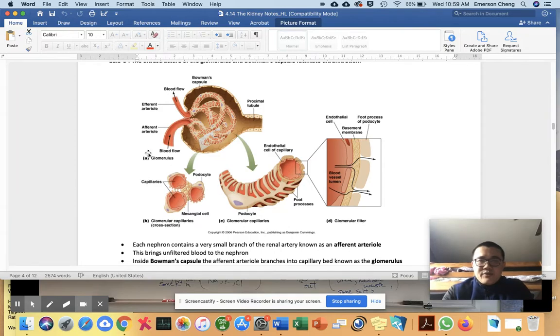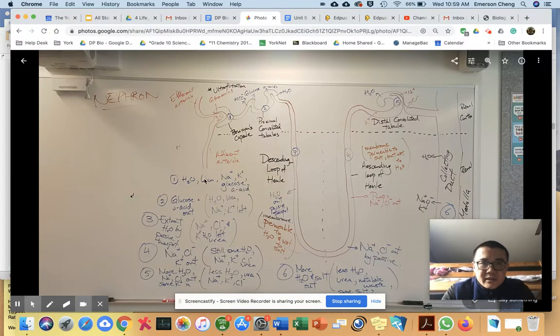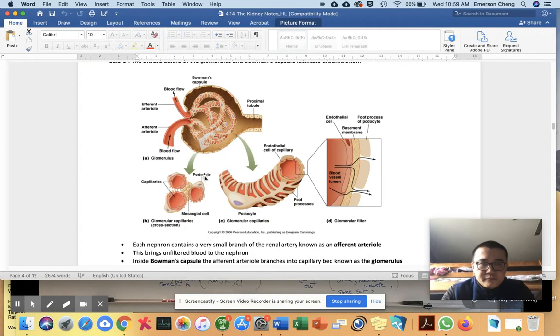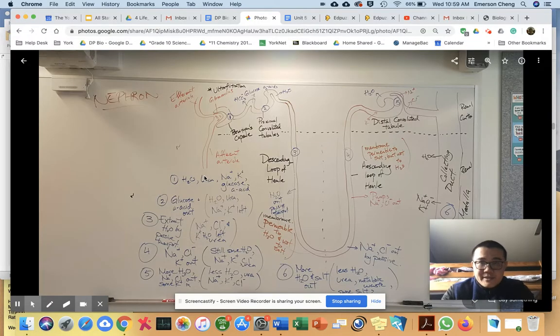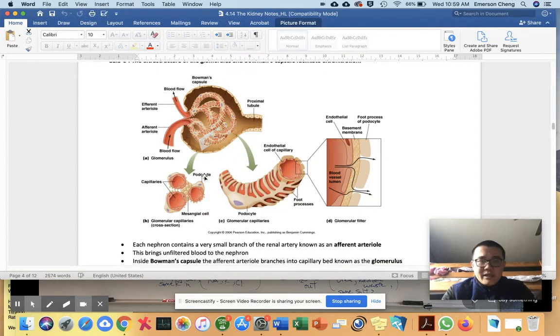In this case, you have the afferent arteriole and the efferent arteriole. I'm looking at the diagram. Even though the position is correct, I think we talk about the blood flow slightly differently in our class. The structure of the afferent and efferent arteriole is different.